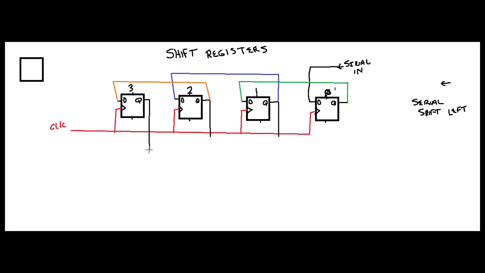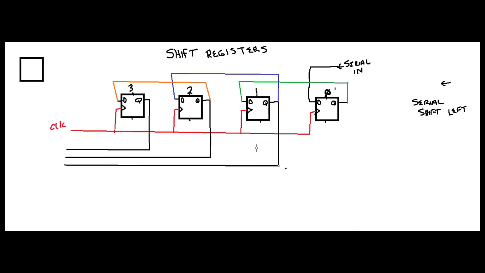This is Q3, here is Q2, here is Q1, and here Q0, right?